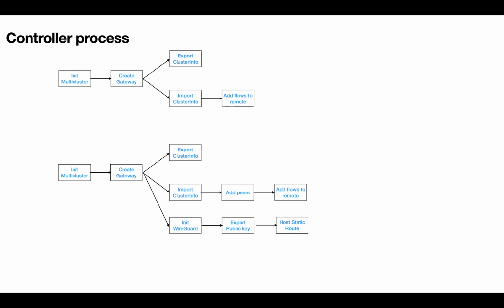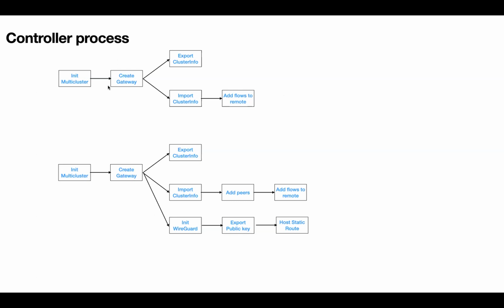These two flow charts show the controller process. The first one is if we disable WireGuard; the controller process will be like this. Firstly, we need to init the multi-cluster, such as ClusterSet and ClusterClaim, and add the cluster to the ClusterSet.